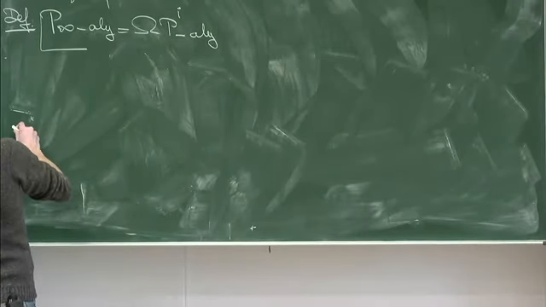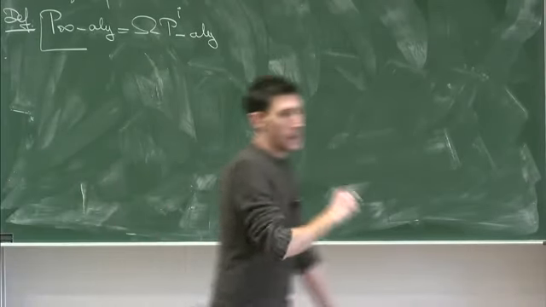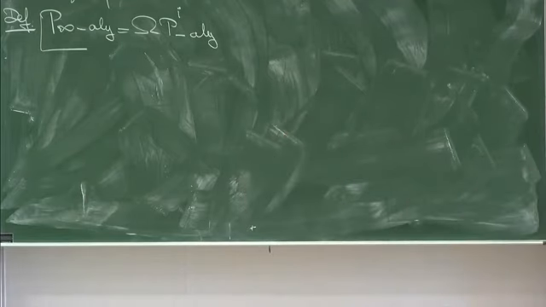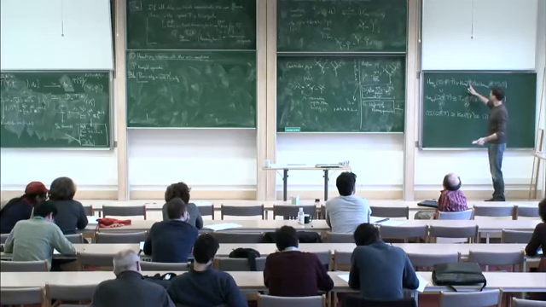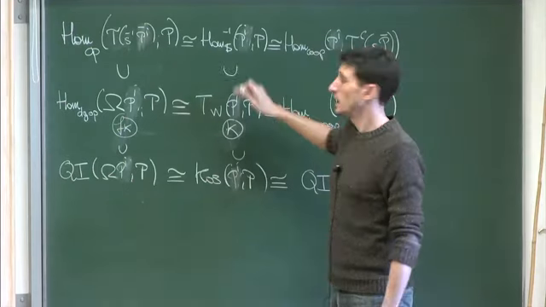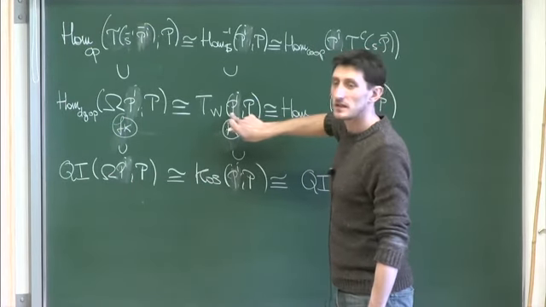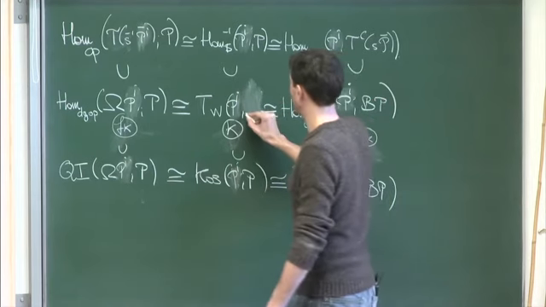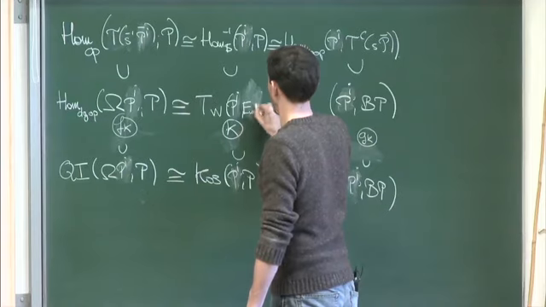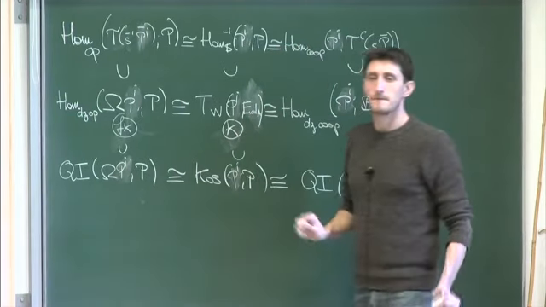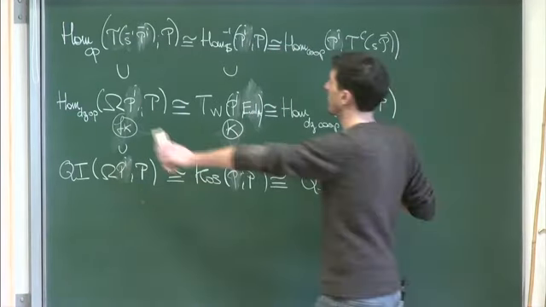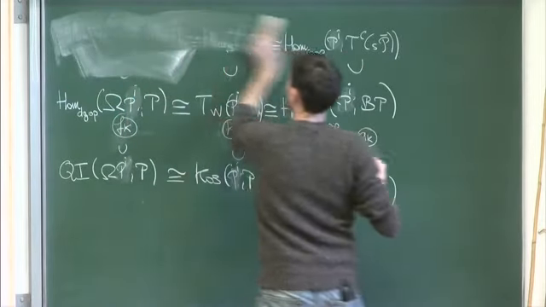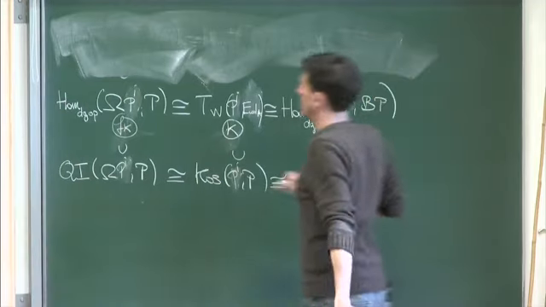Have a look. We still have this. This was true for any C and any P. So here I choose to put for C, P anti-Schrick, and for P I will take the endomorphism operad.